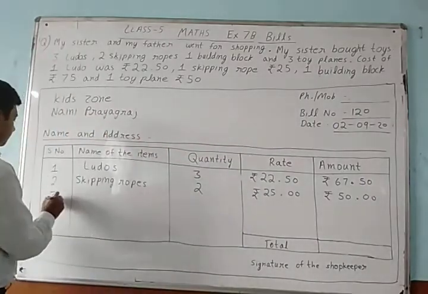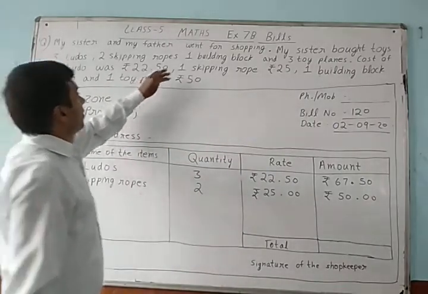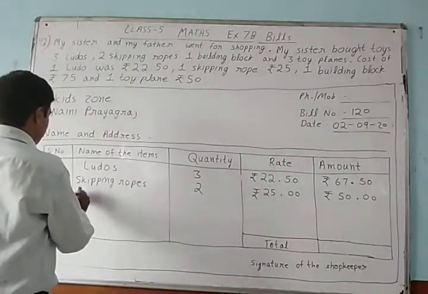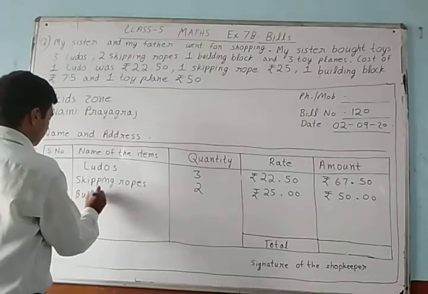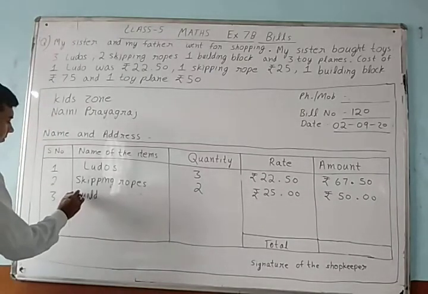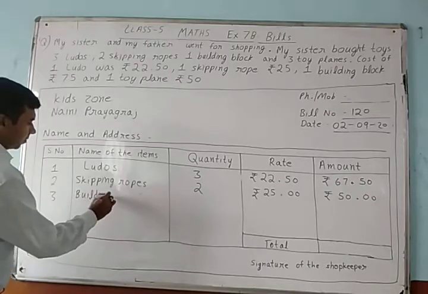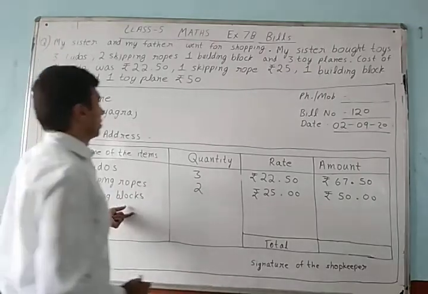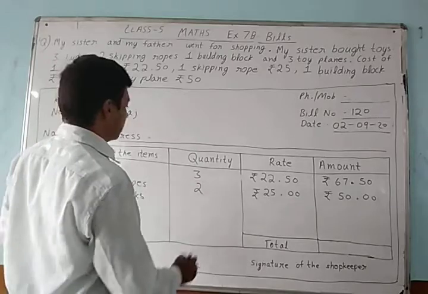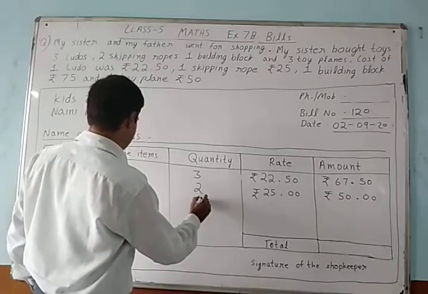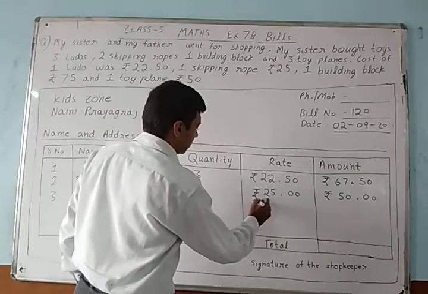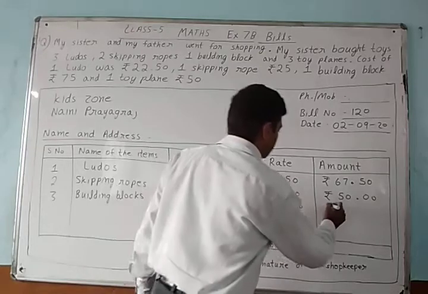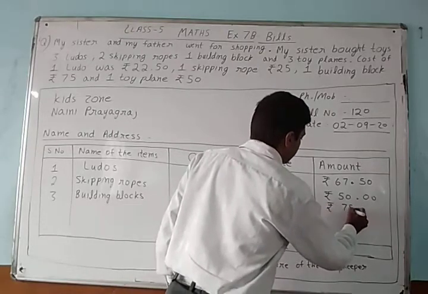Now third, one baby clock. One baby clock, how much? Rupees 75. So we can write 75.